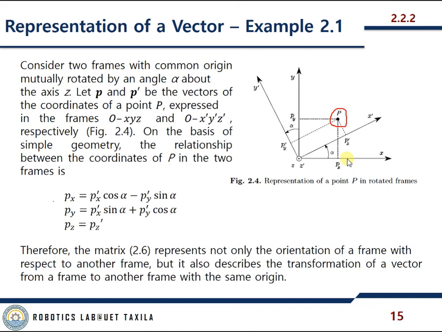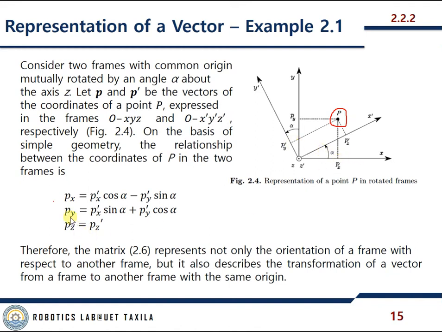This is going to be equal to minus Py bar sine alpha, because it's going to be in the negative direction. So this one would be sine of alpha, and we're going to subtract this.